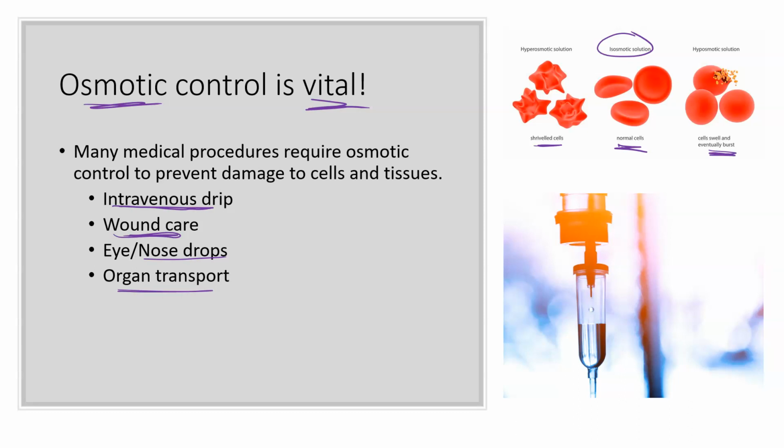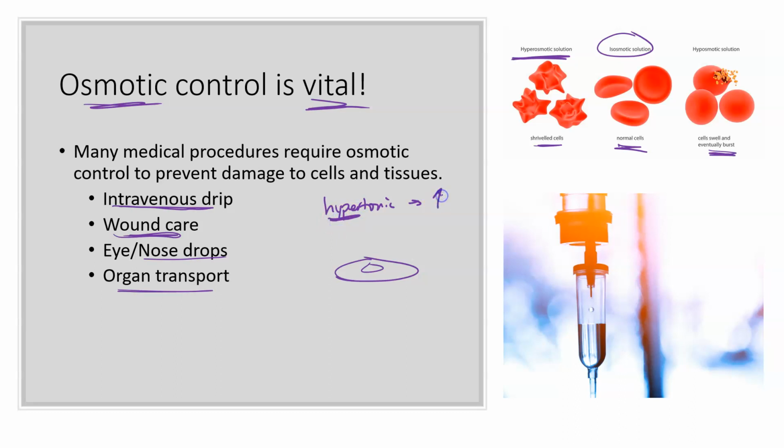Now, what do these images really mean? Well, when you subject a cell, let's say, for instance, a red blood cell, to a hypertonic solution, what does that term mean? Hypertonic is exactly what it sounds like.